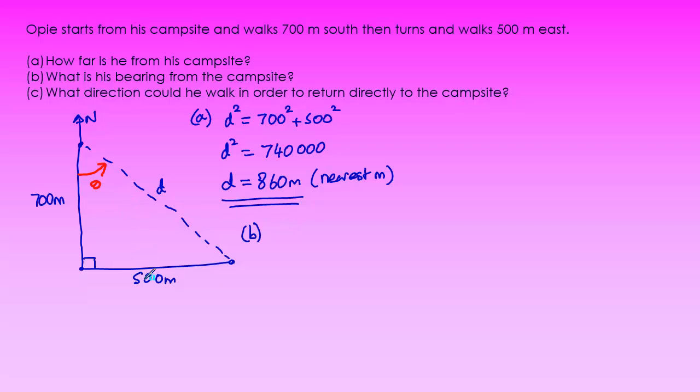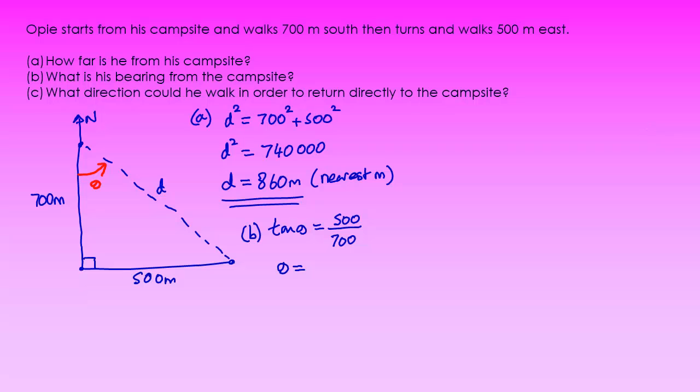Now, this is the opposite, this is the adjacent, so the tangent of theta is going to be the opposite over the adjacent. So that's going to be 500 over 700.